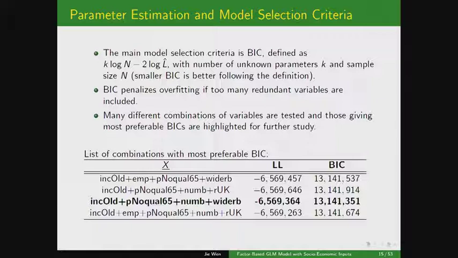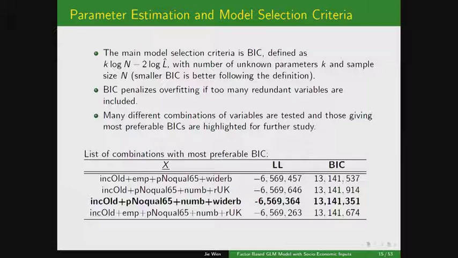One of the first things we tried is, because we have a whole universe of socio-economic variables, there are a lot of them. One of the first methods we use is to just fit this model over different combinations of socio-economic factors, and then pick those combinations that give the most outstanding BIC.